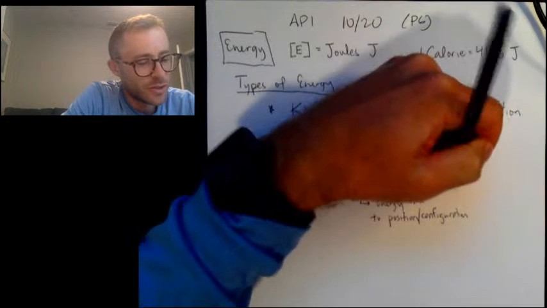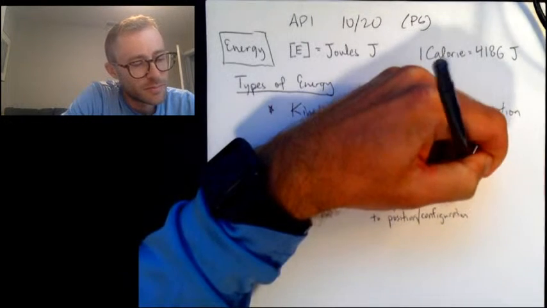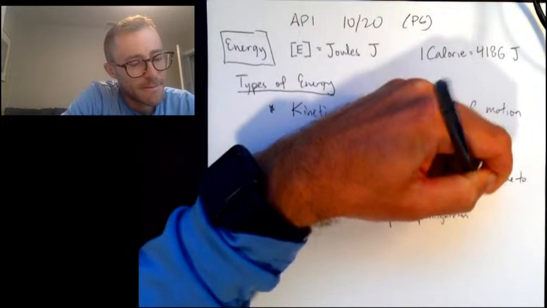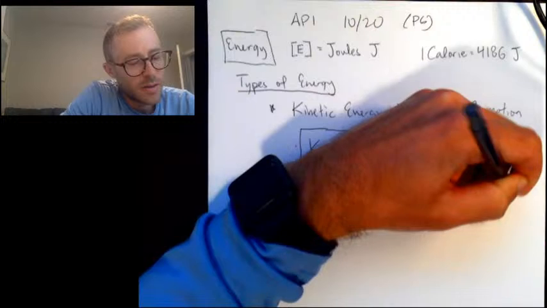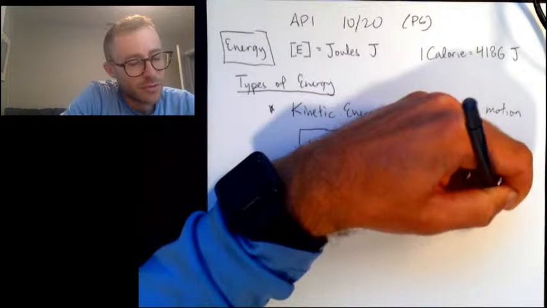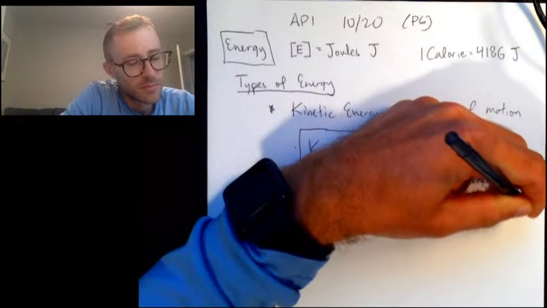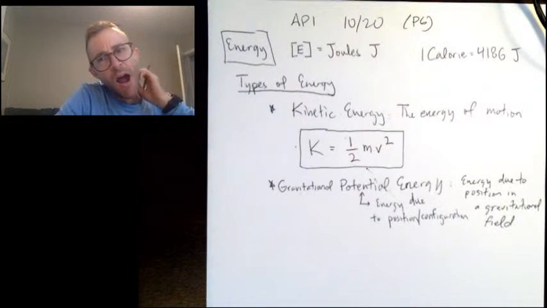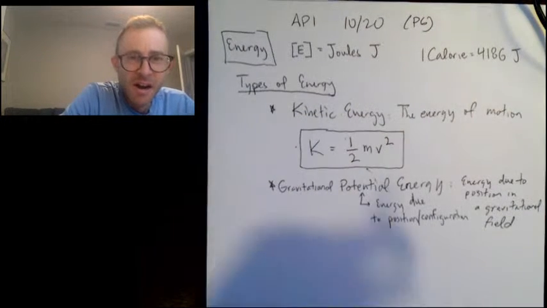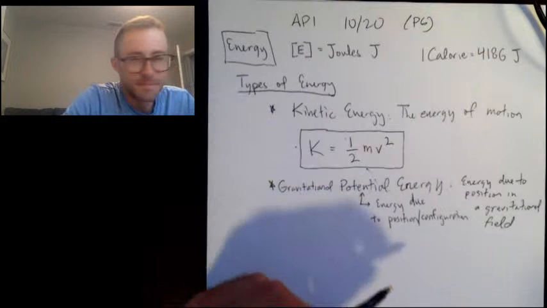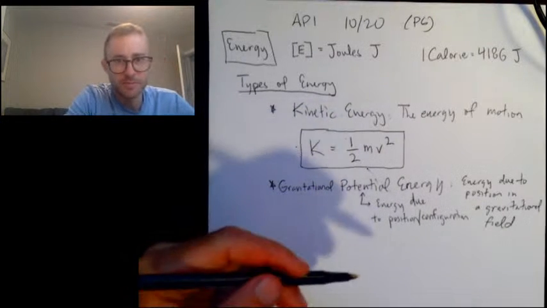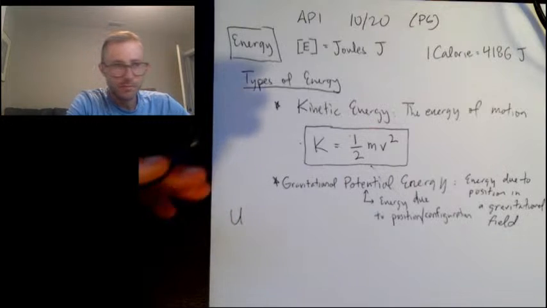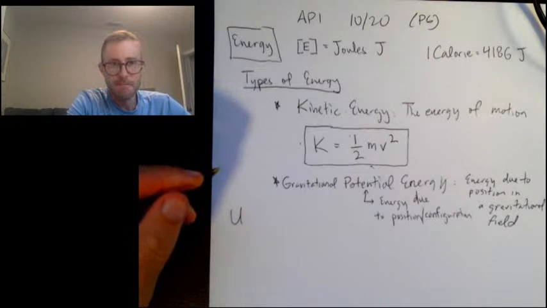And that's energy due to position in a gravitational field. All forms of potential energy are going to be denoted by U. Okay.